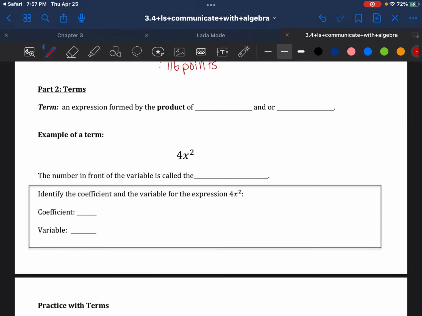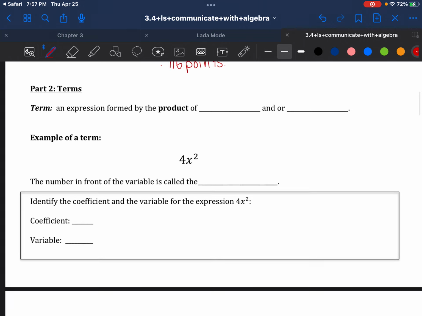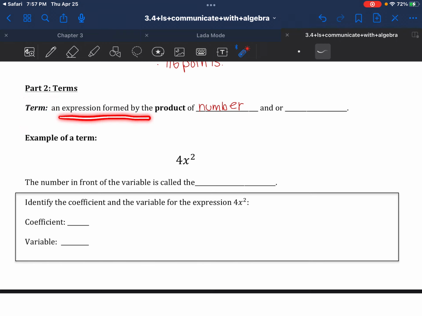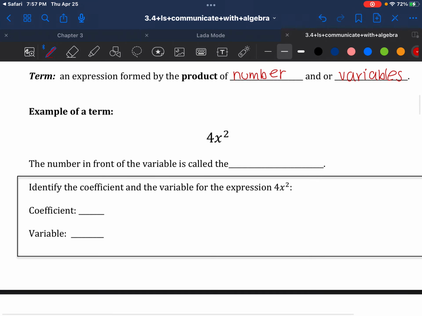Let's see. Term. An expression formed by the product of numbers and variables. Example of a term, 4x squared.